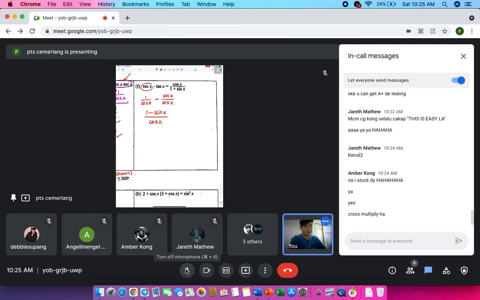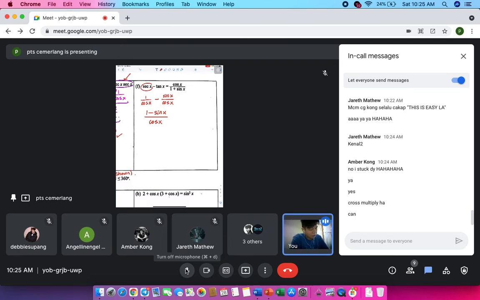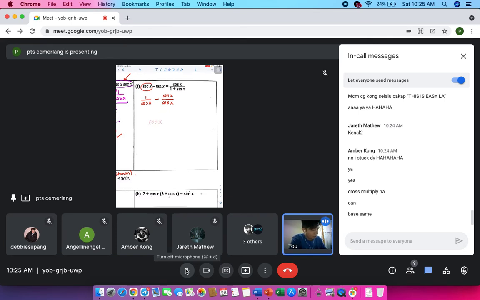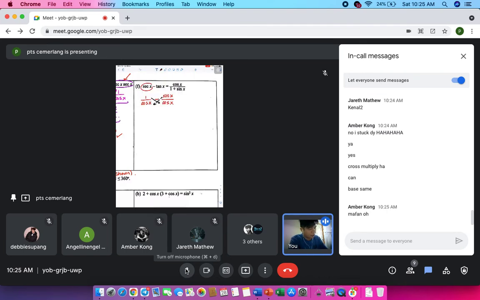Boleh kan? Actually cross multiply also can, okay? I follow Amber first lah. Cross multiply pun boleh lah. Tapi actually, because the base is the same, correct? But if let's say you want to cross multiply, I try see whether get it or not. So I try follow Amber first. If tak dapat, baru cikgu buat cikgu punya balik.